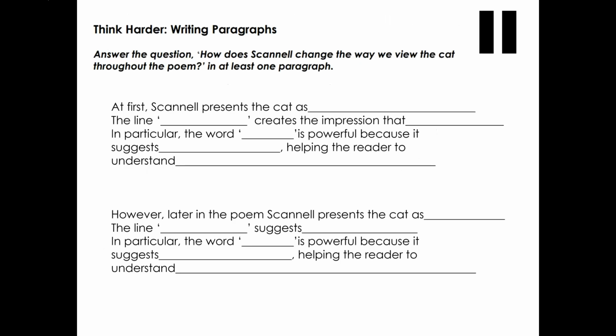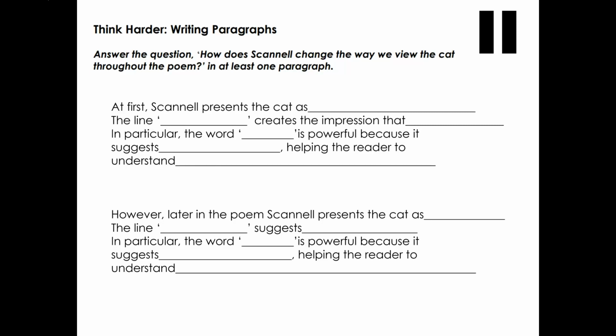Okay, so you will only want to go on to this part once you've done parts 1 and 2, so show your understanding of the poem, the thinking harder task, and now we're on to writing an analytical paragraph. So you have a question to answer, and you have a basic guide here. Now, you don't have to follow that guide to the letter. You can change the phrasing, you can change the wording, but it's there to support and help you if you need it.